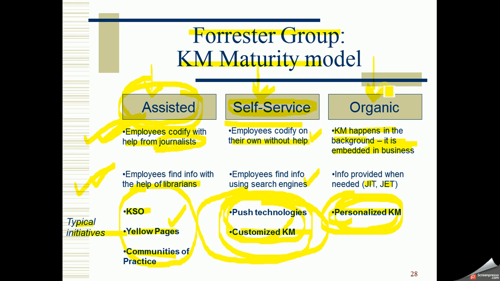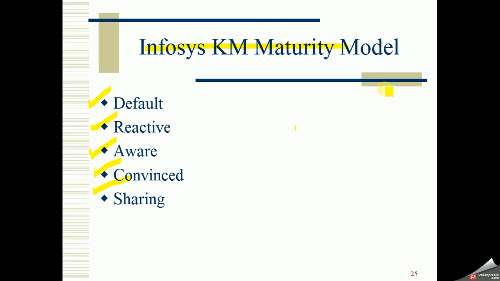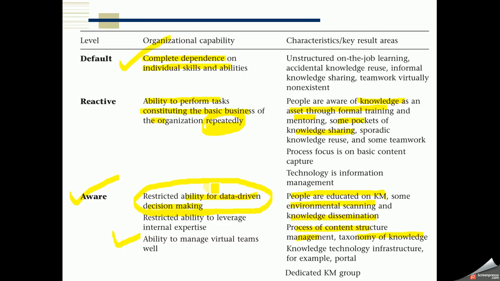Let's say another organization follows this Infosys KM model, and when they analyze the culture, they find out that they are at the aware stage. So they know what they need to do to move to the convinced or sharing stage, right?